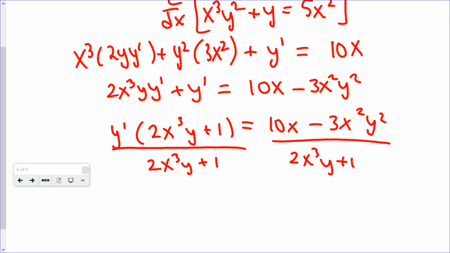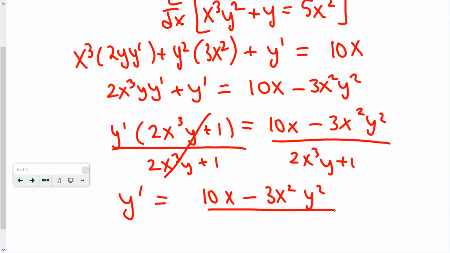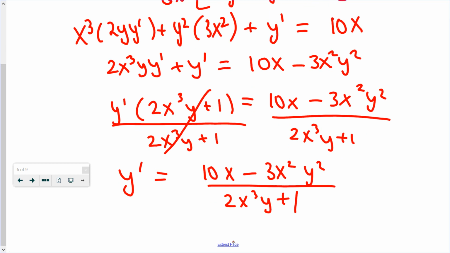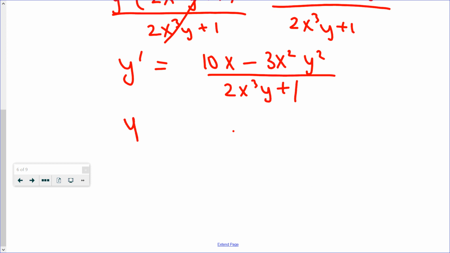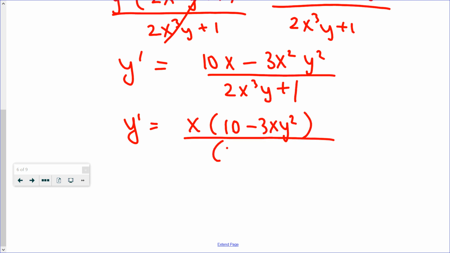So y prime is equal to 10x minus 3x squared y squared all over 2x cubed y plus 1. I notice in the numerator I have a greatest common factor of x, so I can take that out, and I'm left with 10 minus 3x y squared all over, nothing to do in the denominator, so I'll leave it as is, and that would be your first derivative.